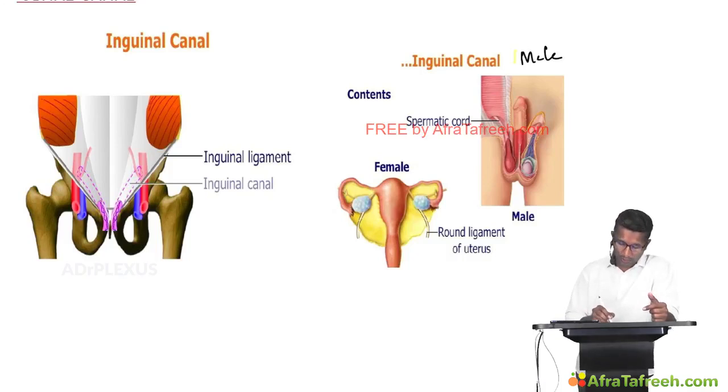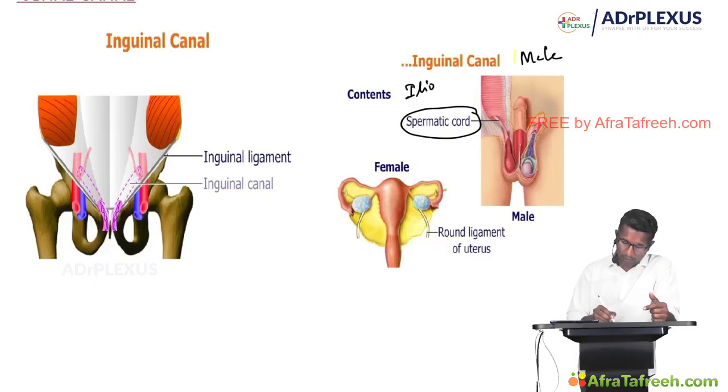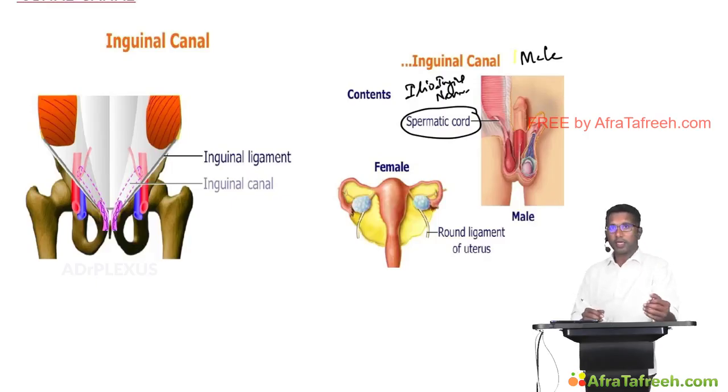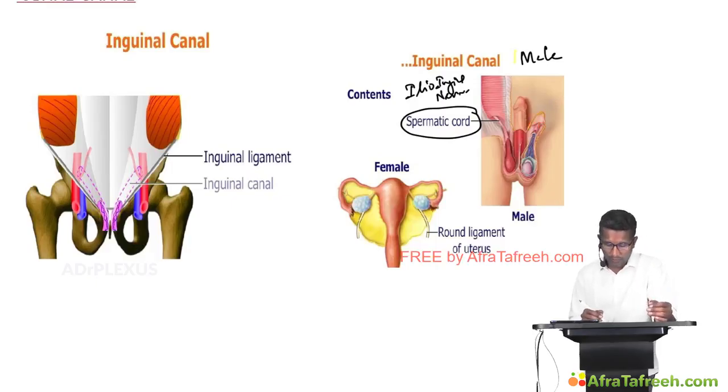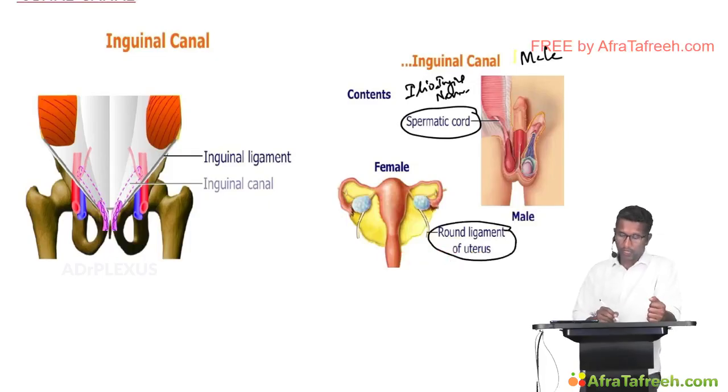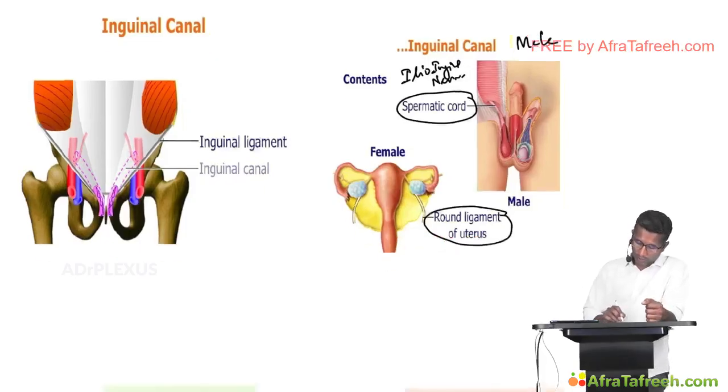Along with the spermatic cord, you have the ilioinguinal nerve. It is not so in the case of females. In females, we don't have the spermatic cord. Instead of the spermatic cord, you have this content, which is the content of the inguinal canal in the female.